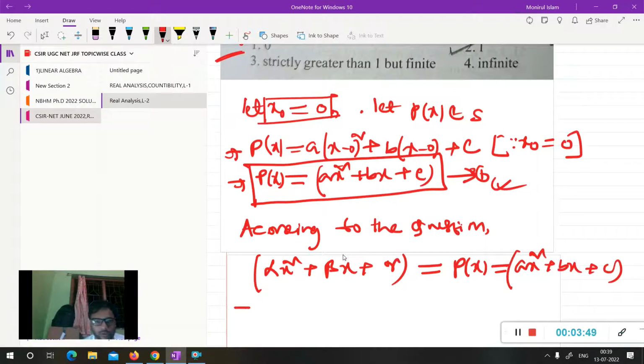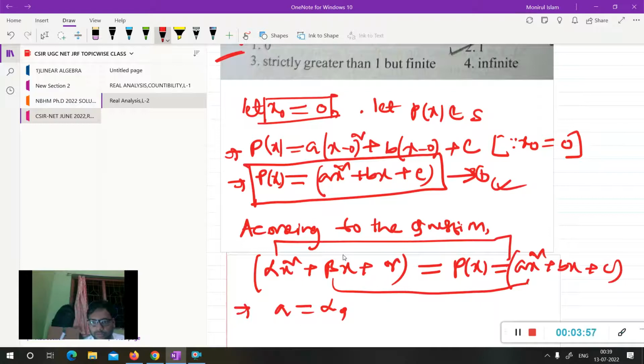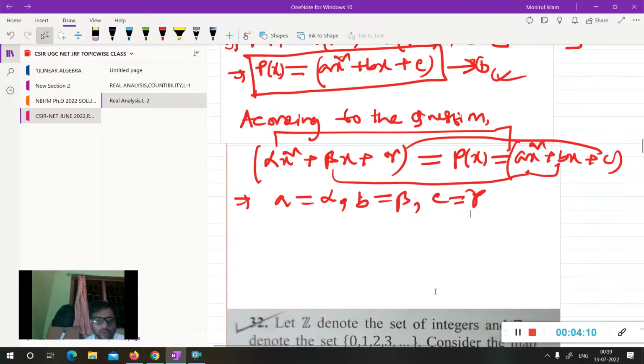Now you compare the coefficients. If you equate the coefficient of x square from both sides, you get a equal to alpha. If you equate the coefficient of x, you get b equal to beta. If you equate the constant term, you get c equal to gamma. So the ordered pair (a, b, c) is nothing but (alpha, beta, gamma).